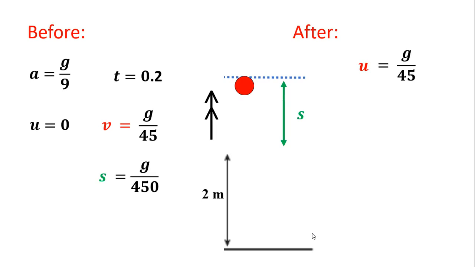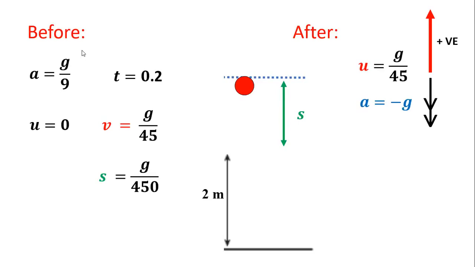If we take upwards to be positive, then downwards would be negative, and we now consider the particle to be falling freely under gravity, and therefore the acceleration will be minus g, acting downwards. It ascends up to a certain height, the greatest height above ground, and then falls down towards the ground.